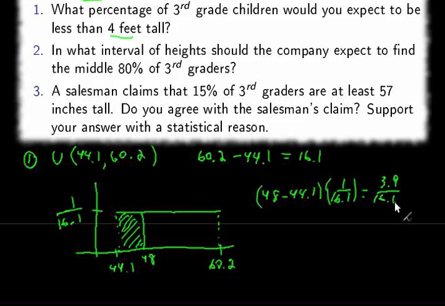So 3.9 over 16.1 on the calculator, you get approximately 0.2422.